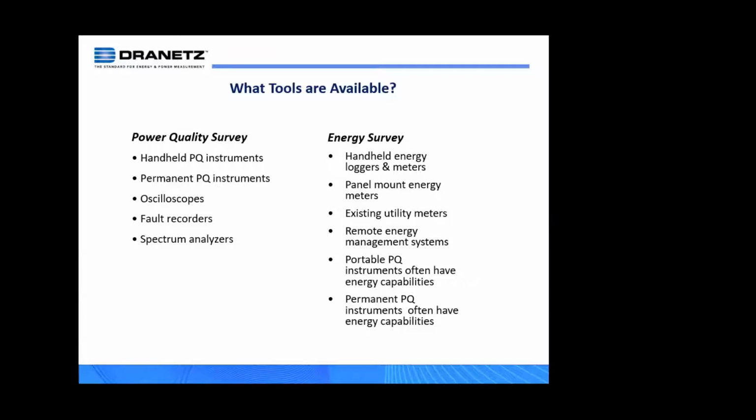And then, of course, for energy surveys, it's less sophisticated. You'll have tools such as handheld loggers or meters. You can have what we call panel mount or more permanently installed type meters. You can even have existing utility meters.